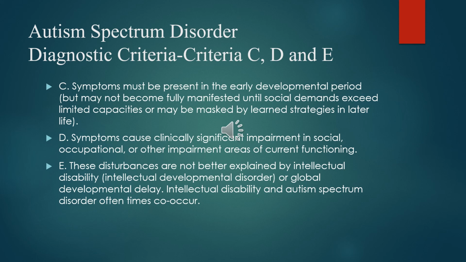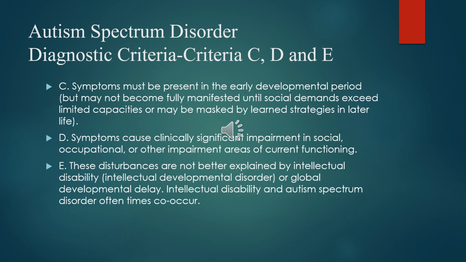Autism spectrum disorder diagnostic criteria for criteria C, D, and E. Criteria C, symptoms must be present in the early developmental period, but may not become fully manifested until social demands exceed limited capacities, or may be masked by learned strategies later in life.